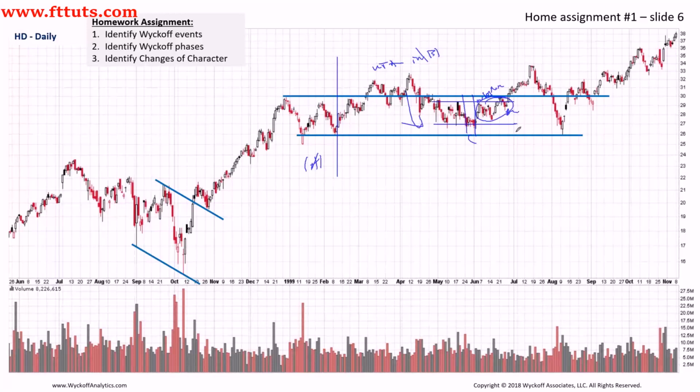So there's an entry somewhere here. The exit out of this position could be here or on the failure of the support right here. So you would probably end up with just a small win, small win, break even, small loss. And that would be your trade number one.